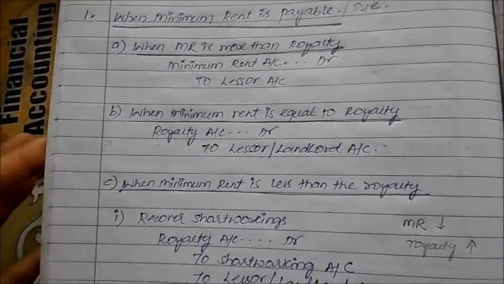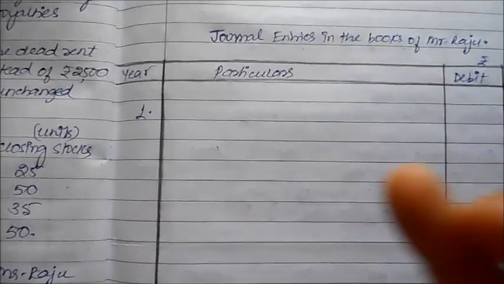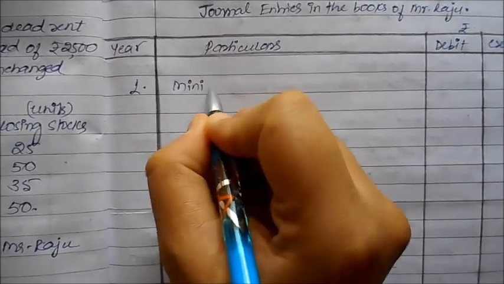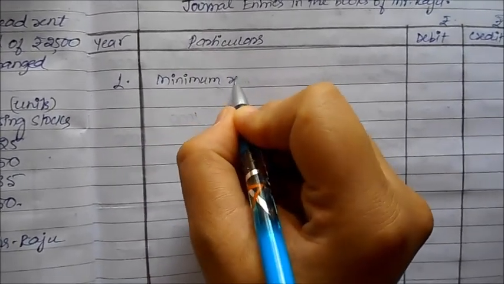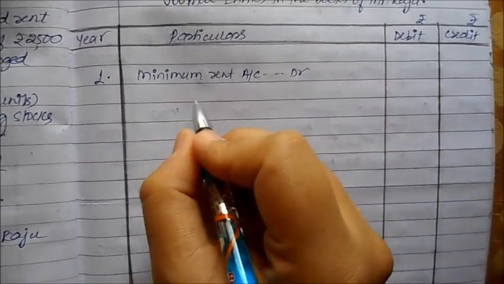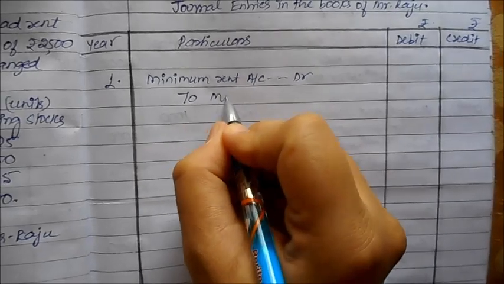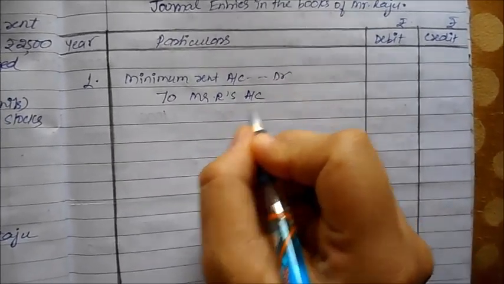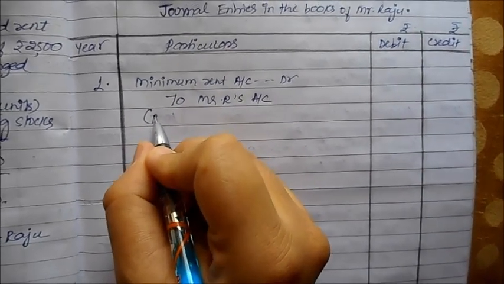Okay, now the lessor is who? Mr. R. So what will be our first journal entry? We will write minimum rent account debit to Mr. R account.